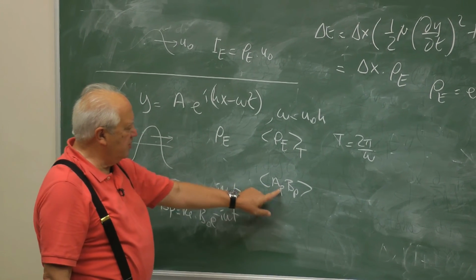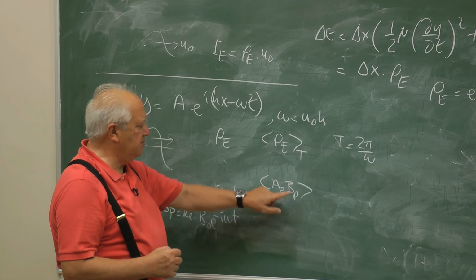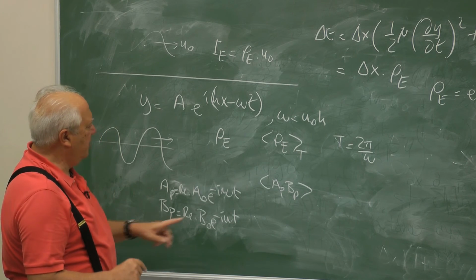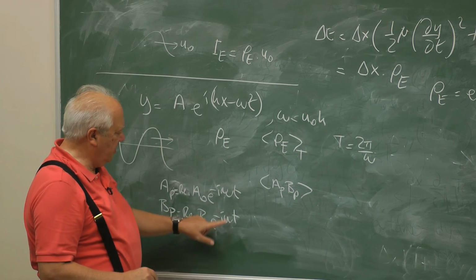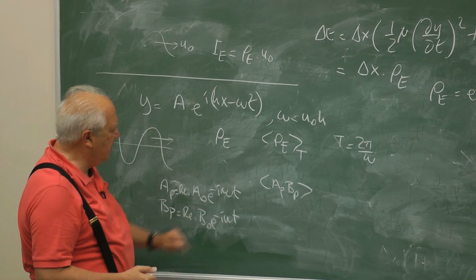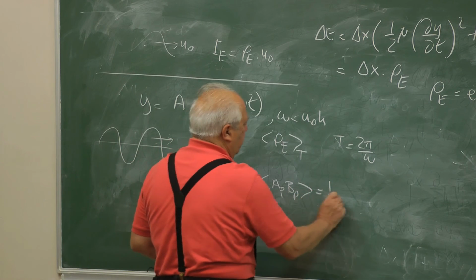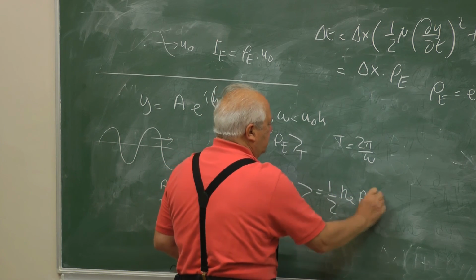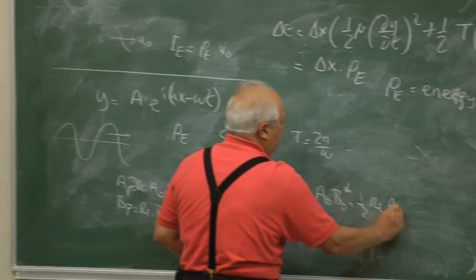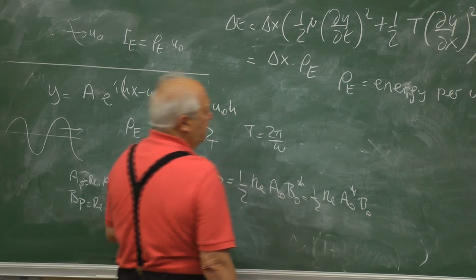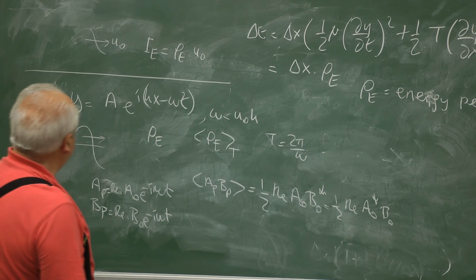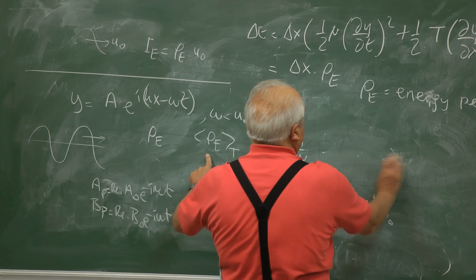And here, of course, you must put not the complex things, but the real functions. However, when the variations are harmonic and varying in the same harmonic way with the same ω, then the average is 1/2 Re(A0 B0*) or 1/2 Re(A0* B0). It's a little formula worth remembering.